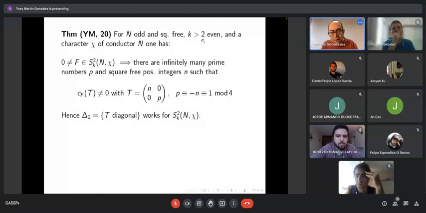So here you have a diagonal matrix, and you can specify that this lower right entry is a prime. So in other words, you can show that this set Delta_2, consisting of the diagonal matrices, also works for the cusp forms of degree 2, provided k and n satisfy the conditions in the theorem.